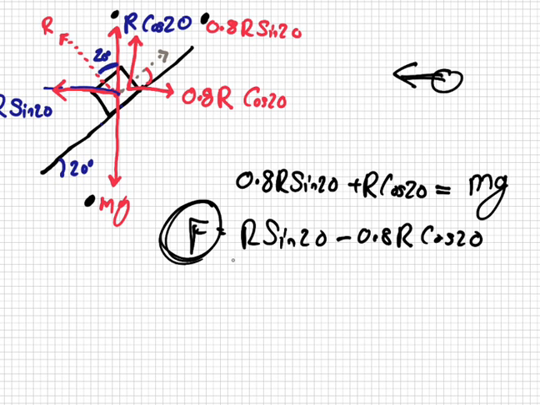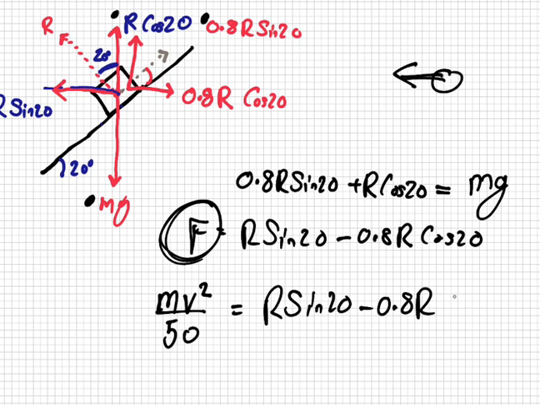Do we know the V? No. We know R, we know the angle, and we know mu. And they want V? Yes. So then we should use the one with the V in it: mv squared over r. So we have mv squared over r equals R sin 20 minus 0.8R cos 20.